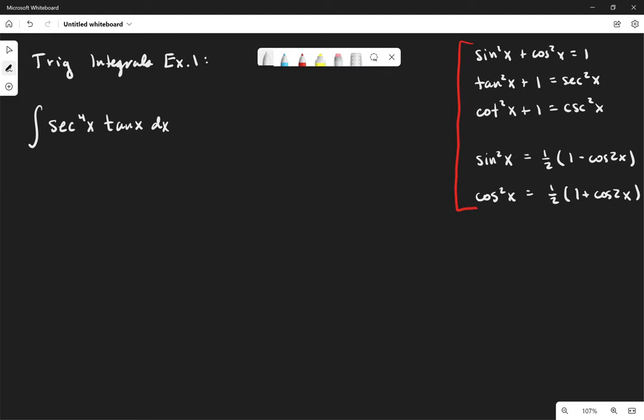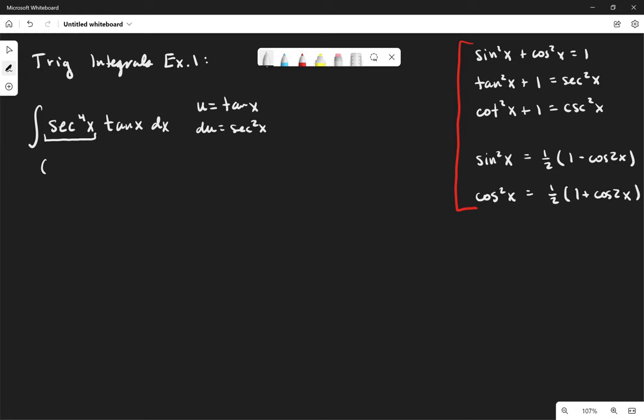In this case, both of them work. If I let u equal tangent x, the first thing I'm going to do is a really brief look to show you how I think about it and how I try to see it. I try to think of it both ways. If I let u equal tangent x, I have this secant to the fourth to worry about. du is going to be secant squared x.